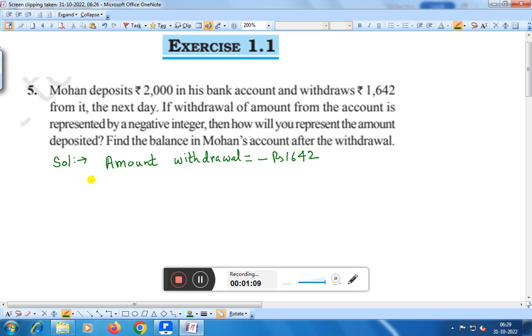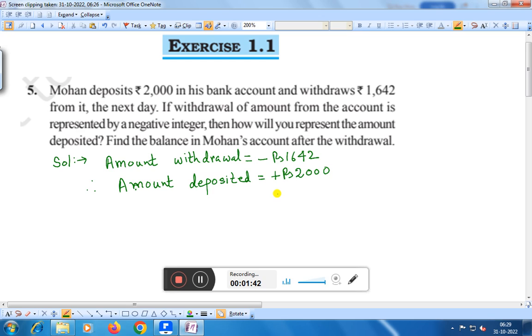Therefore, you can say that amount deposited can be represented as plus rupees 2000.